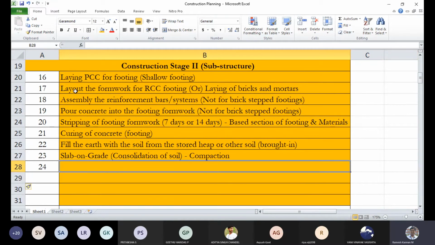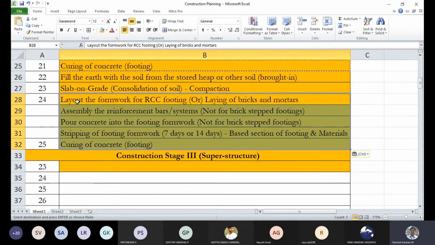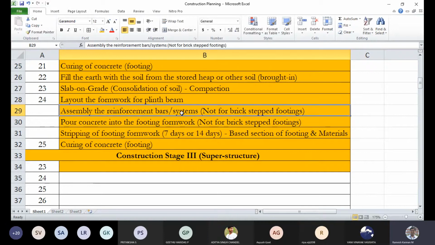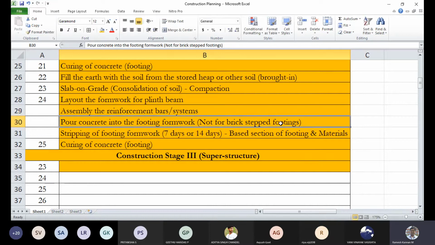Okay. Now what I'm gonna do is I'm gonna copy the entire stuff, but I'm gonna give it as instead of footing, it's plinth beam, the beam that is above the foundation, and that's the first portion.